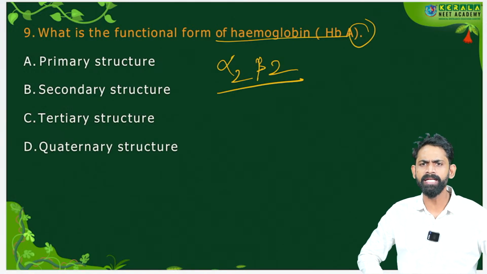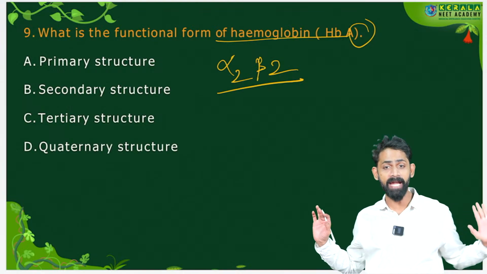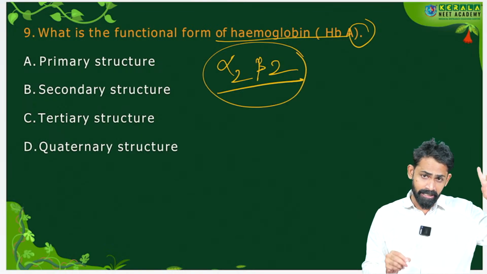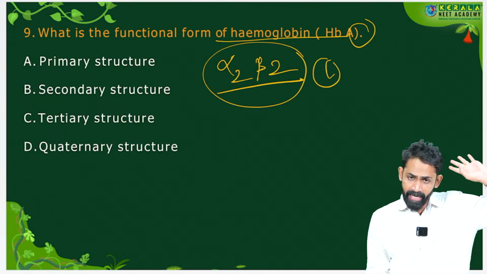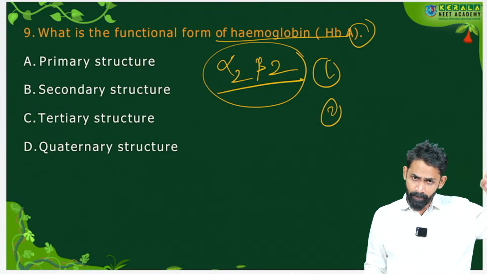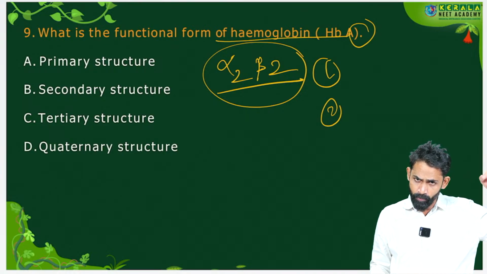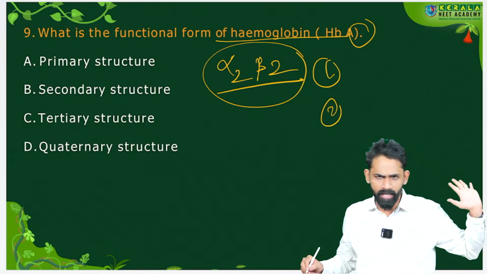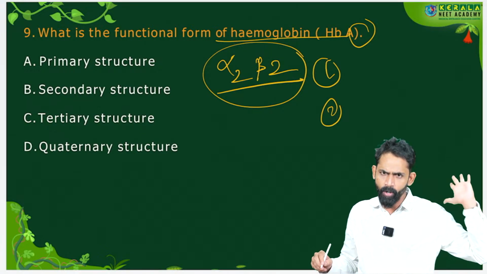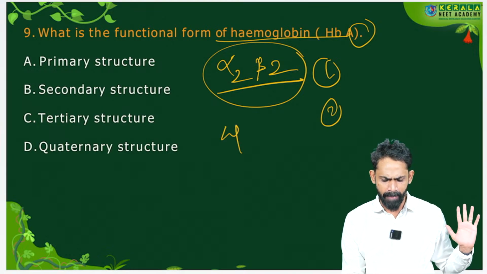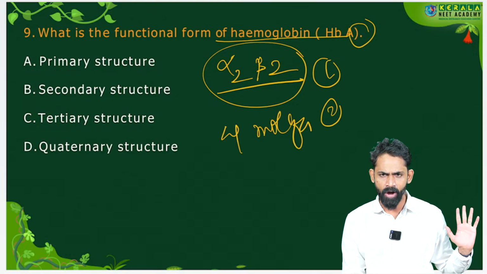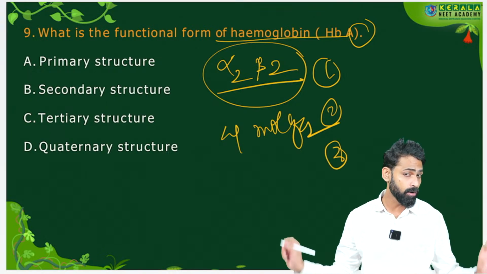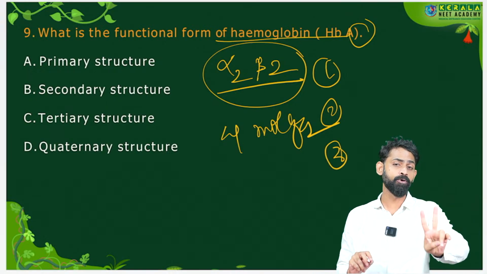That means this protein consists of more than one polypeptide chain. Second point, each polypeptide chain consists of one heme group, containing one iron. Each iron carries one molecular oxygen. So one hemoglobin molecule carries a maximum of 4 molecules of oxygen. It has 2 alpha polypeptides and 2 beta polypeptides.